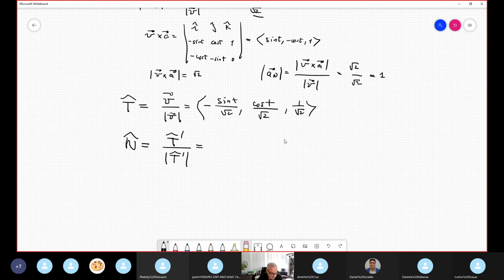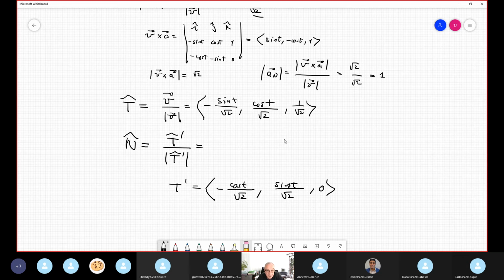So basically, the answer is, well, the derivative of the tangent vector, differentiate this, no? When you differentiate this, you have minus cosine t over radical 2, comma, sine t over radical 2, comma 0, because the derivative of a constant is 0, no?